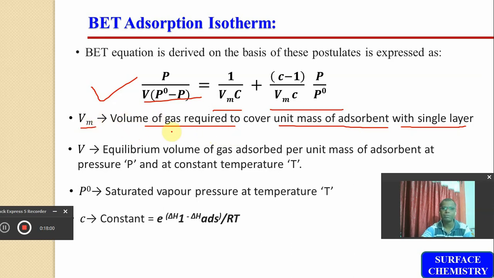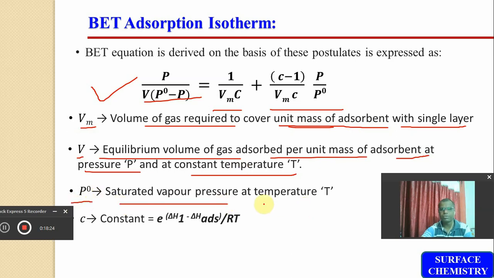So it will have a constant value because it is per unit mass, and V is the equilibrium volume of the gas adsorbed per unit mass at pressure P and temperature T. So this is the volume of the gas adsorbed on unit mass of adsorbent at a particular pressure P and temperature T, and P0 is the saturated vapor pressure at temperature T, and C is a constant here.